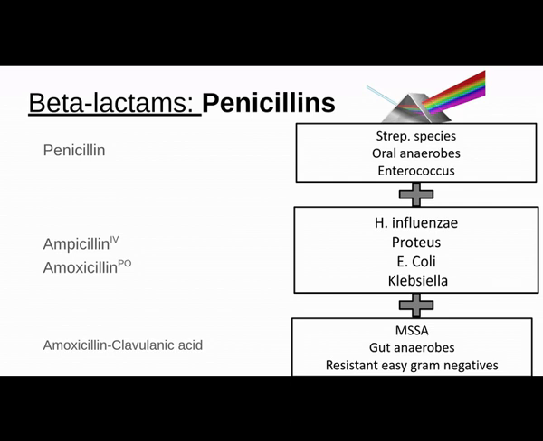Amoxiclav overcomes resistance not because it blocks beta-lactamase production, but because clavulanic acid inhibits another penicillin-binding protein subtype. Now, didn't I tell you that infectious disease is endlessly fascinating? Anyway, by inhibiting low-level beta-lactamases, you cover MSSA, methicillin-susceptible Staph aureus, gut anaerobes, and the easy-to-kill gram-negatives that develop resistance, the PEC organisms.